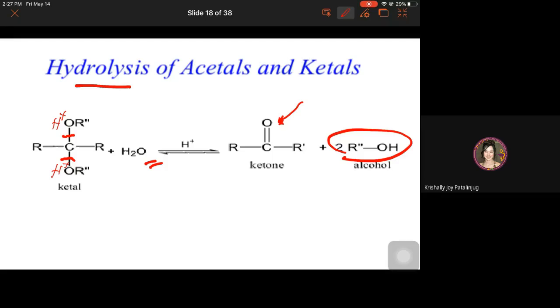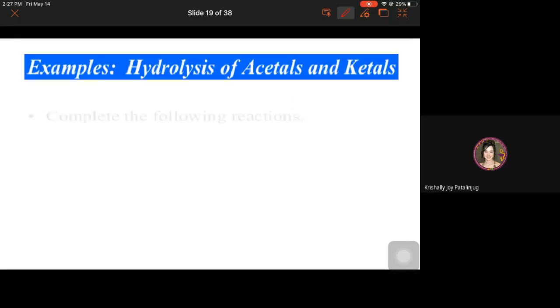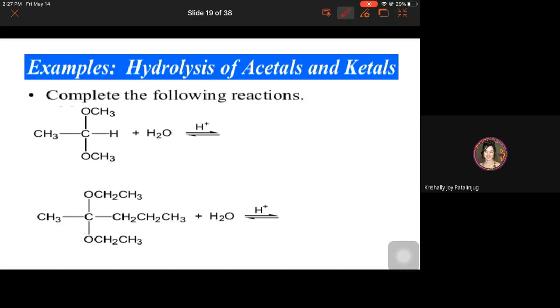Alright? Let's do a specific example for hydrolysis. Tell me, what is this? Is it an acetal or ketal? First, structure, acetal or ketal? Very good, this is acetal, because there is a hydrogen on the fourth bonding position.